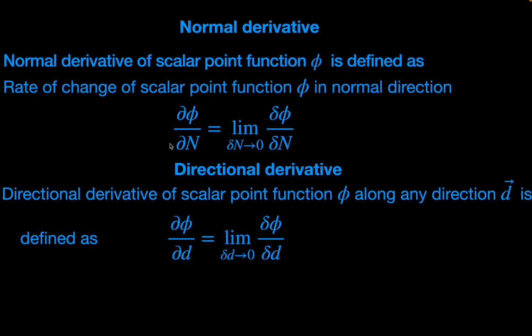We can establish a relation between delta n and delta d as delta n equals vector delta d dot n cap, which equals delta d multiplied by the dot product of d cap and n cap.